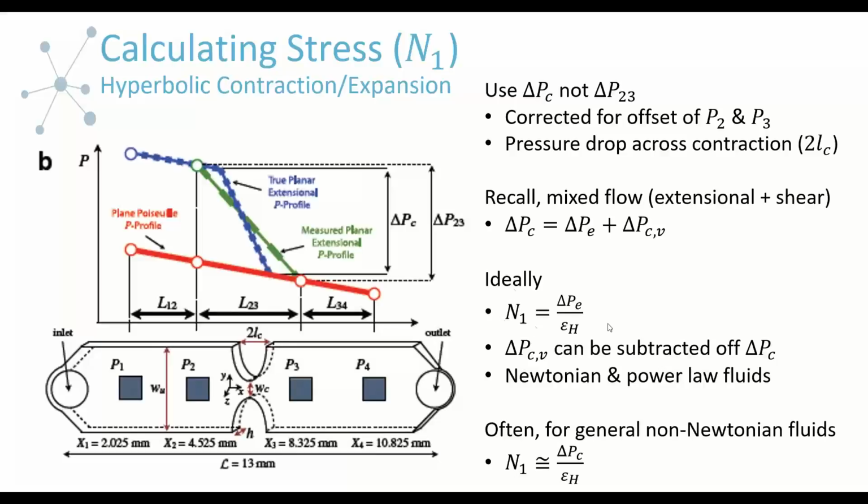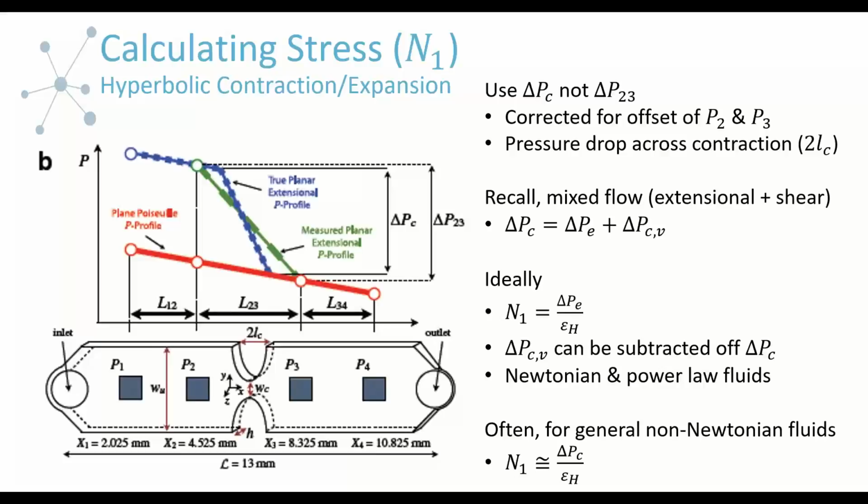So to get this true relationship, what we would have to do is subtract off this viscous or steady shear contribution to the pressure drop across the contraction. Now, this is possible for Newtonian fluids, shear rate independent viscosity, or power law fluids. However, for a general non-Newtonian fluid that has a plateau, a shear thinning region, and another plateau, you can't analytically subtract off this contribution.